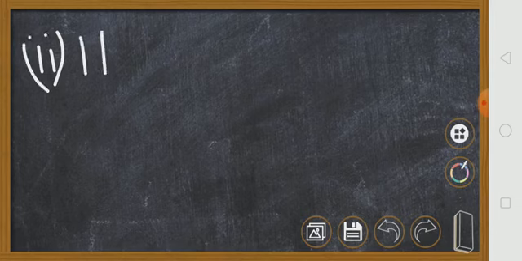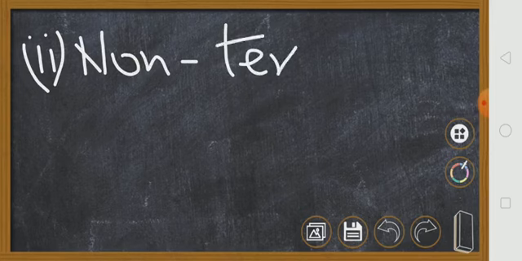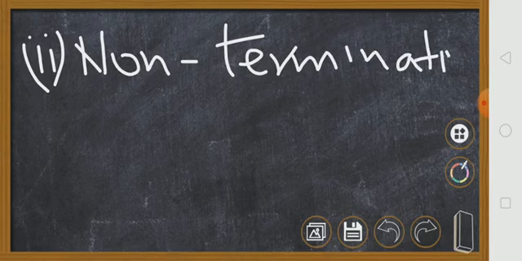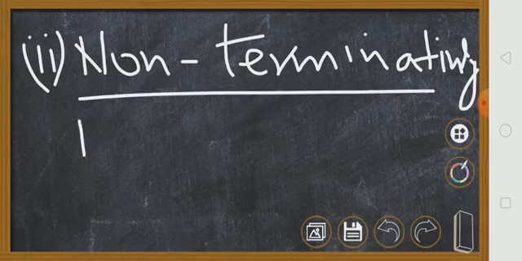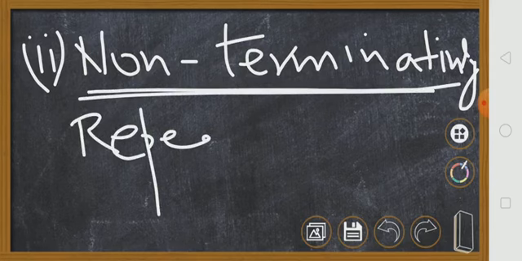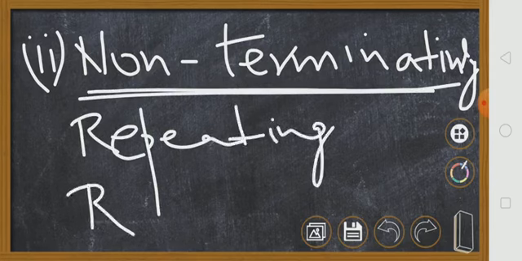Next is non-terminating repeating. Now you see, non-terminating means the remainder is not equal to 0.